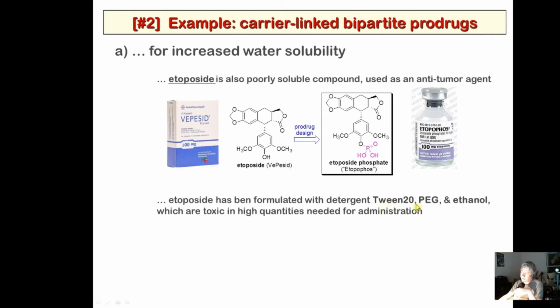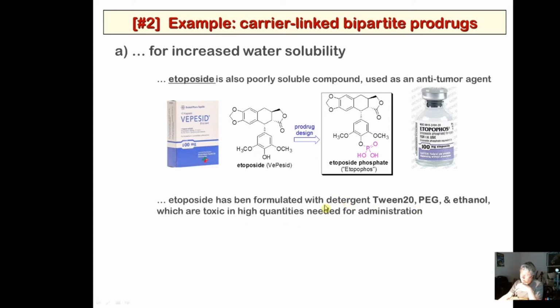Tween 20 is a detergent, which should be able to dissolve it, and you'd administer it as a suspension in Tween 20. PEG is polyethylene glycol, which is also a biocompatible solvent. You can also use ethanol. When you're using these in large quantities, these reagents can be kind of toxic.